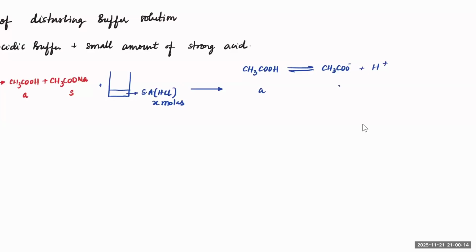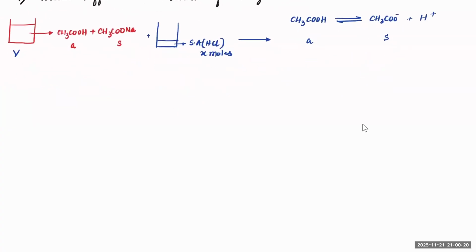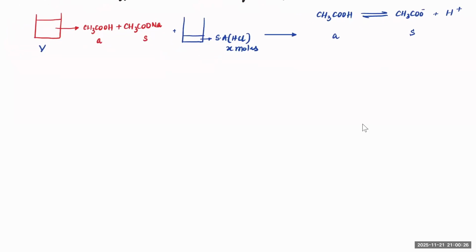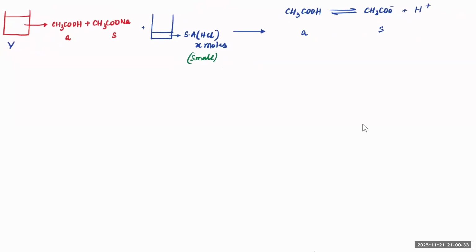So the concentration A and S here mainly. And what would happen the minute you add some amount of HCl? You're adding some X amount of HCl. Obviously, this is in a small composition. We are not adding a large amount, a small composition.